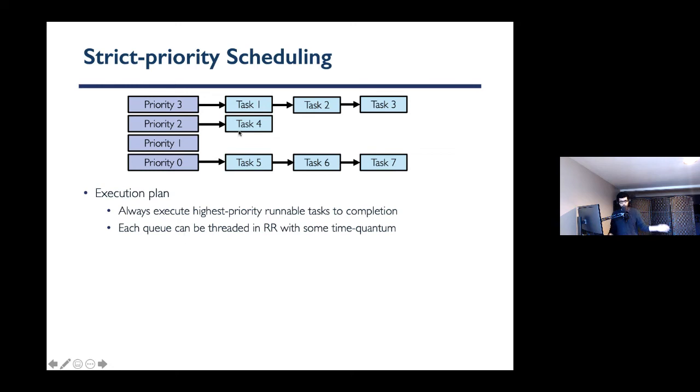You're not going to even look at how many tasks there are in lower priorities. All you care about is your highest. If there is no task in your highest, then you go to the next level, and the next level. As long as you have tasks in high priority, even one task, that task is going to be favored over the lower ones. You might have 1 million tasks there, and you wouldn't care.